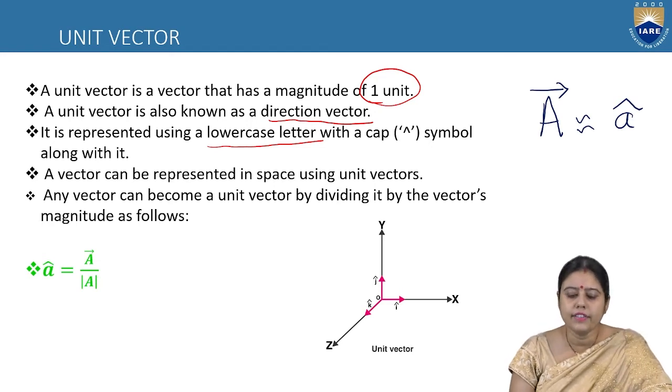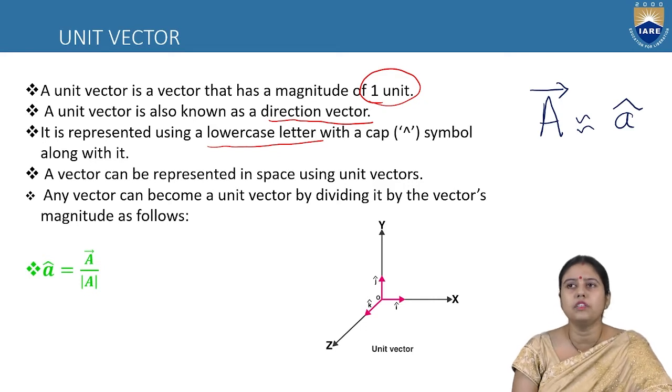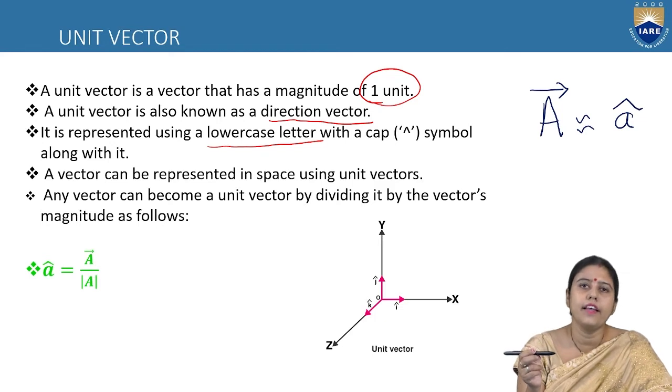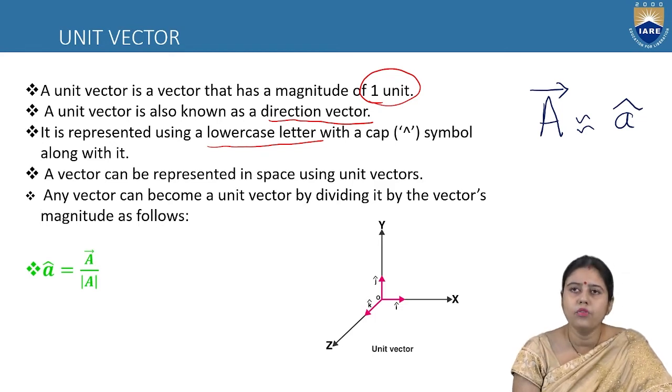So a vector can be represented in space using the unit vector. What does it mean? You can see the x, y, z axes. If anything is moving along the x-axis, we can write it as i. If anything is moving along the y-axis, the direction can be written as j.